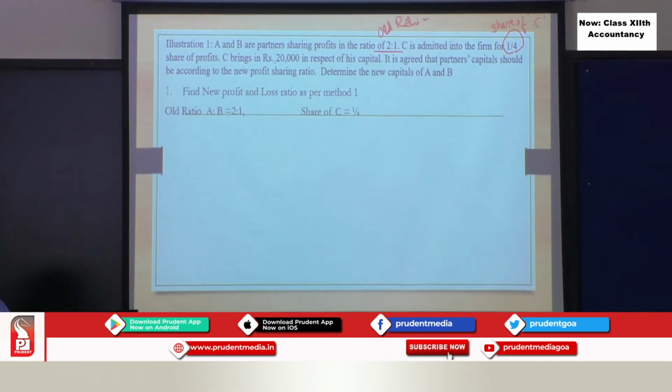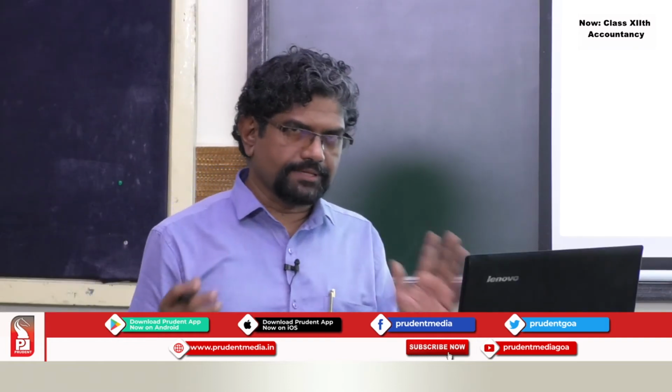C brings in rupees 20,000 in respect of his capital. So, capital brought in by the new partner is given. It is agreed that partners' capitals should be according to the new profit and loss sharing ratio. So, this adjustment says that we have to calculate new proportionate capitals, determine the new capitals of A and B. There are 3 steps as I mentioned earlier. What is the first step?